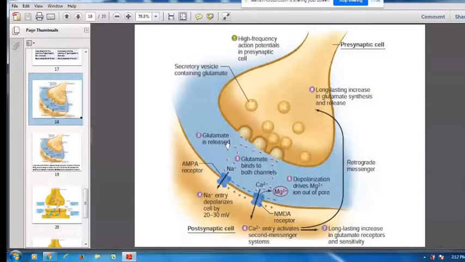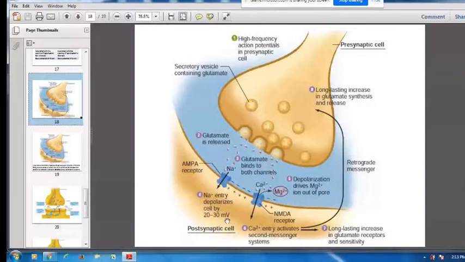When glutamate binds with the AMPA receptor, it causes entry of sodium ions. When there is influx of cations, it causes depolarization, but only about 20 to 30 millivolts. It is not a very high one.